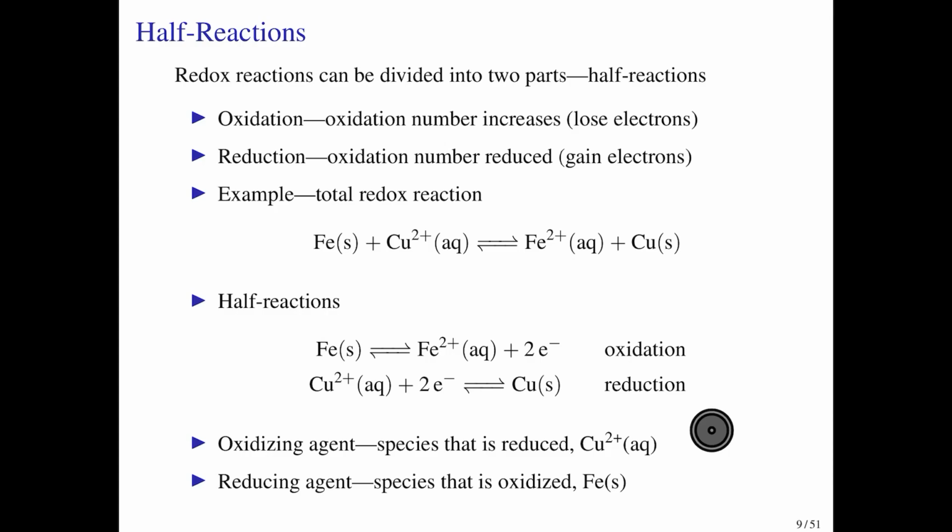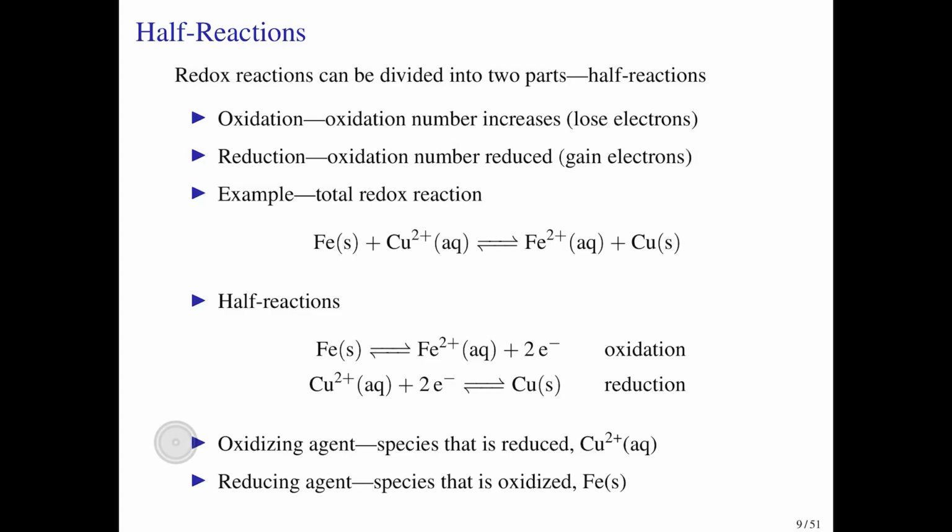Now there's a little bit of redox reaction lingo here at the bottom. The term oxidizing agent refers to the species that causes oxidation to occur. And in the process of causing oxidation to occur, the oxidizing agent in turn is reduced.